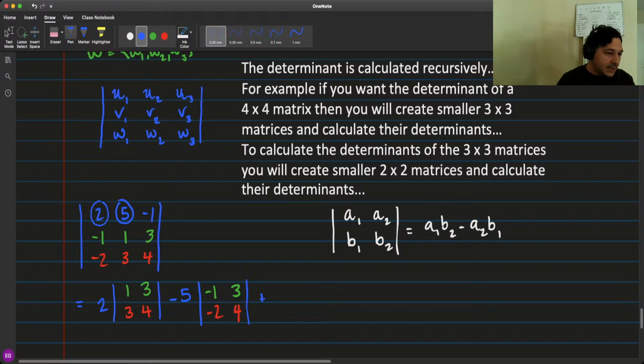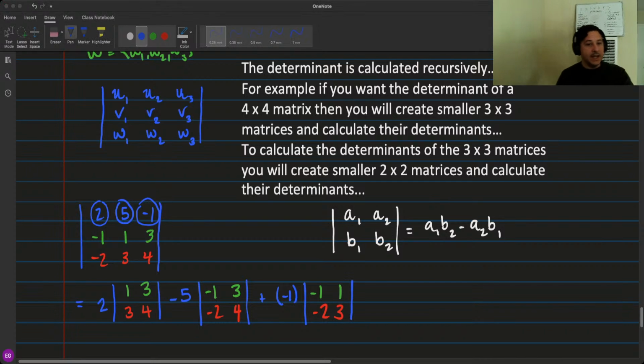And then plus the last number, -1, and then the 2 by 2 matrix where you cross out first row, third column, leaving the numbers -1, 1, -2, 3.